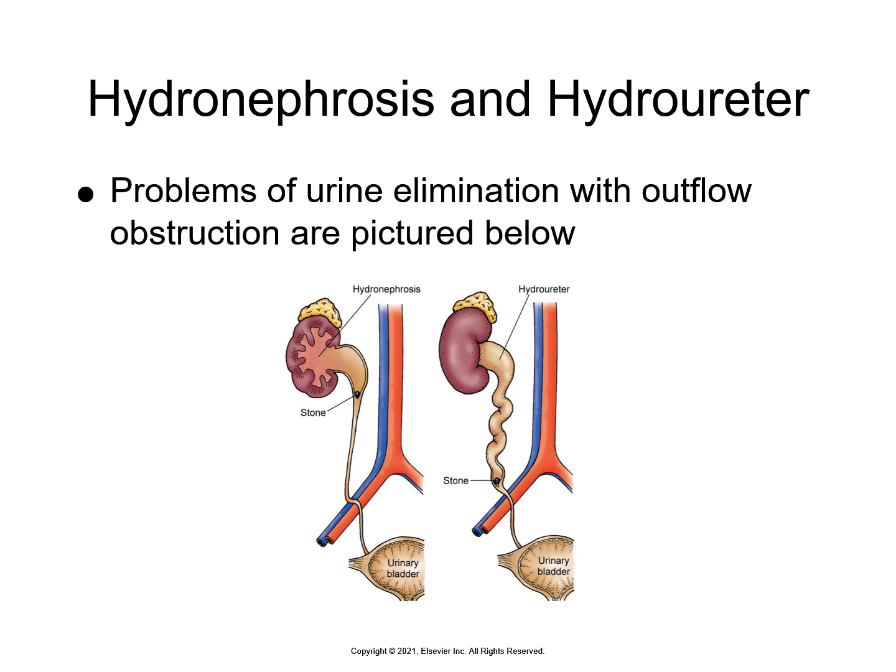And when you have hydronephrosis, the kidney enlarges as the urine collects in the renal pelvis and the kidney tissue, because the capacity of the renal pelvis is normally 5 to 8 milliliters.